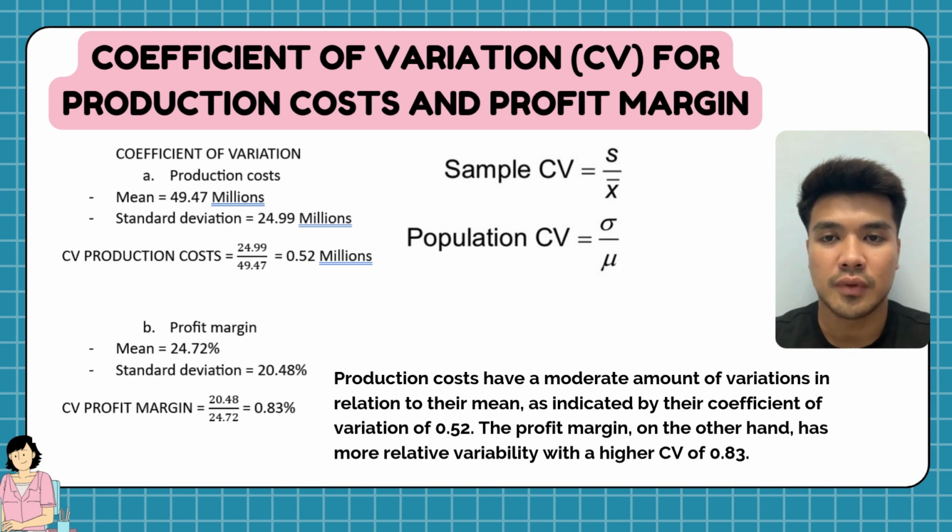Last but not least, production costs have a moderate amount of variation in relation to their mean, as indicated by their coefficient of variation of 0.52. The profit margin, on the other hand, has more relative variability with a higher CV of 0.83. That's all for me. Thank you.